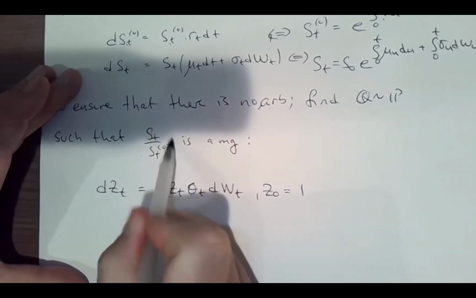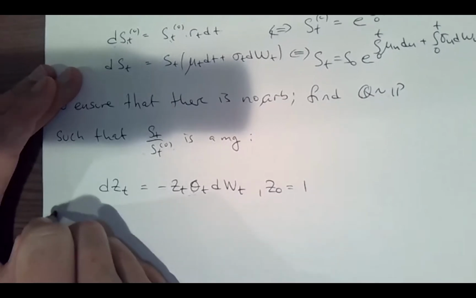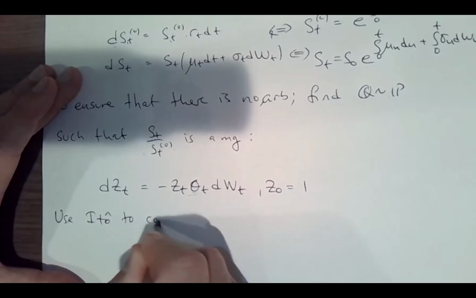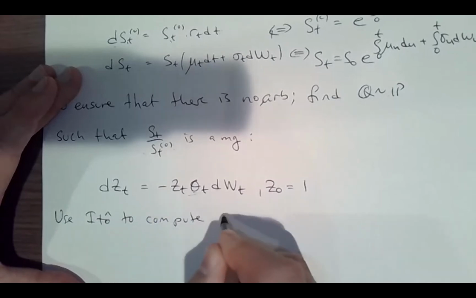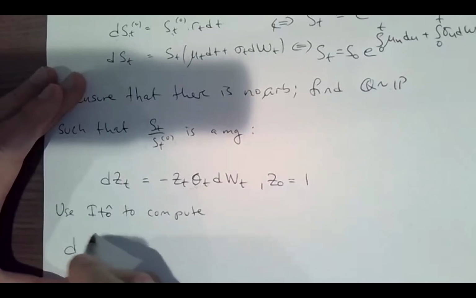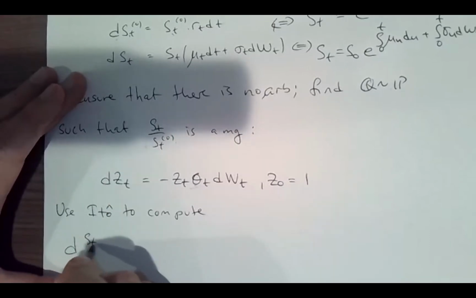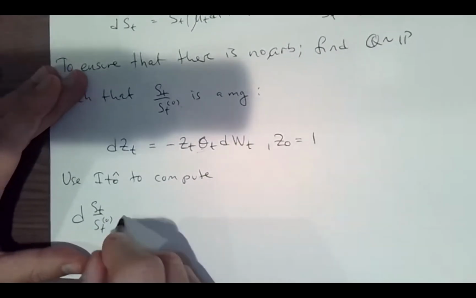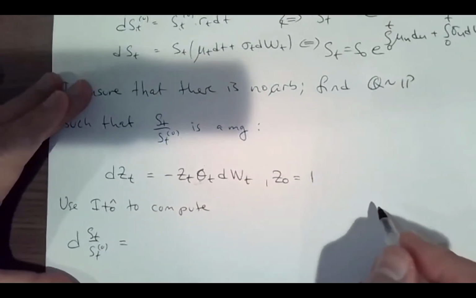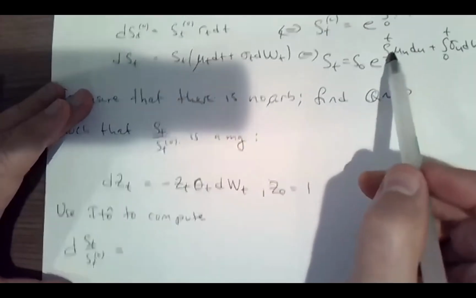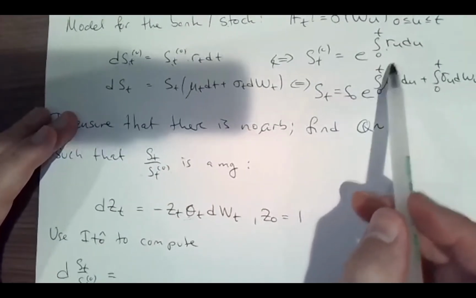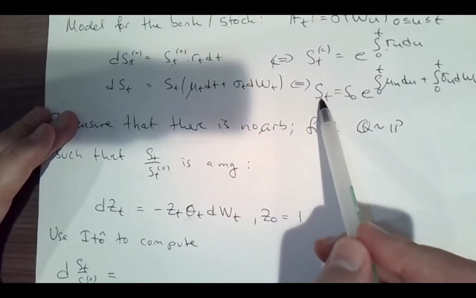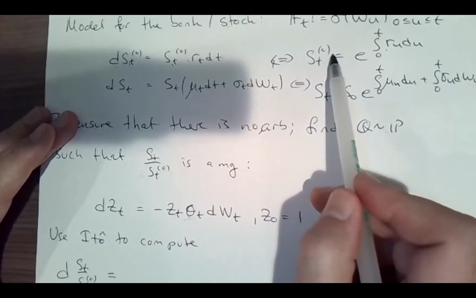Okay, so how do we test for this? Well, we apply Ito's lemma to compute d of S_T over S_0. What we can see is we're dividing S_T by S_0.